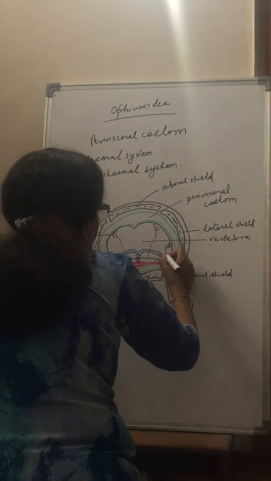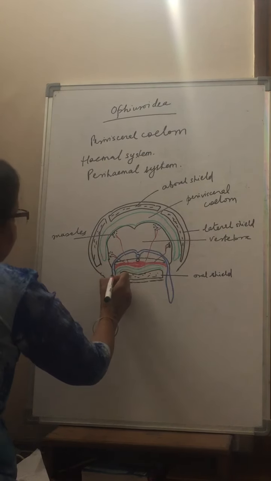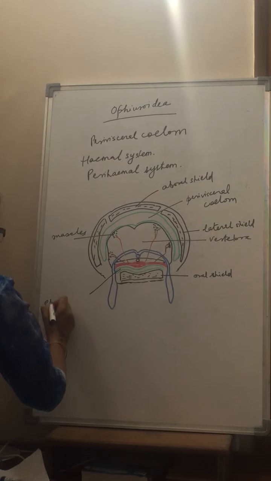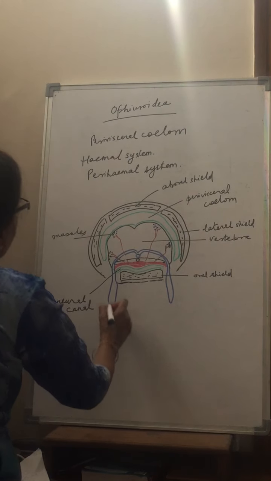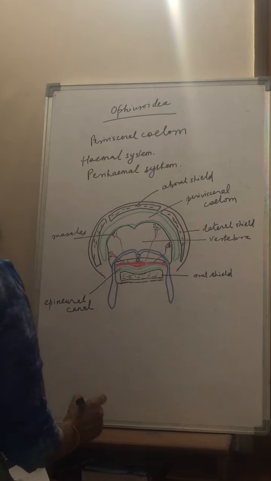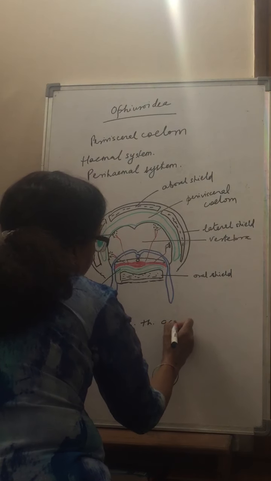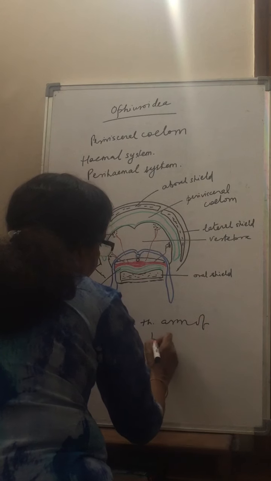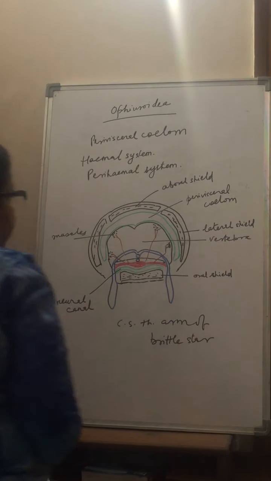And now above the oral shield we have the epineural canal, which is peculiar to the ophiuroids. This is the cross section through the arm of the brittle star, right?